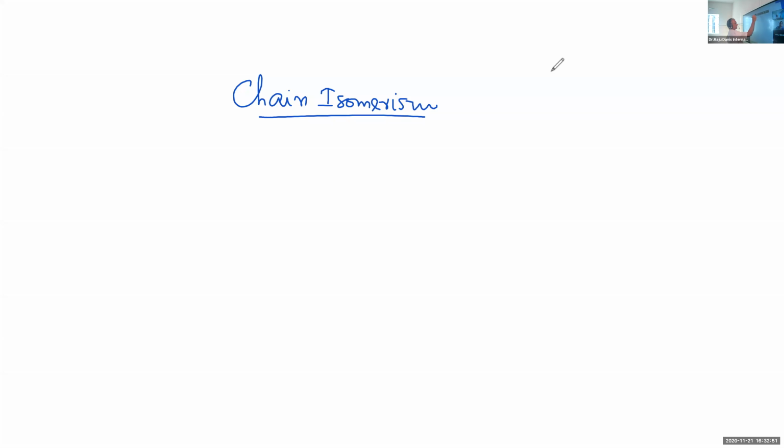So in chain isomerism, the isomers have different carbon chains or carbon skeletons. And so chain isomerism is also known as skeletal isomerism.